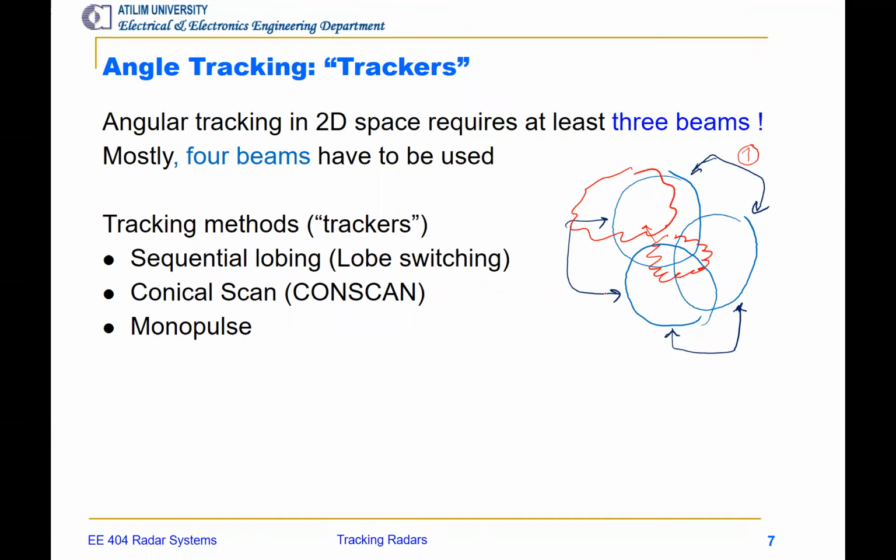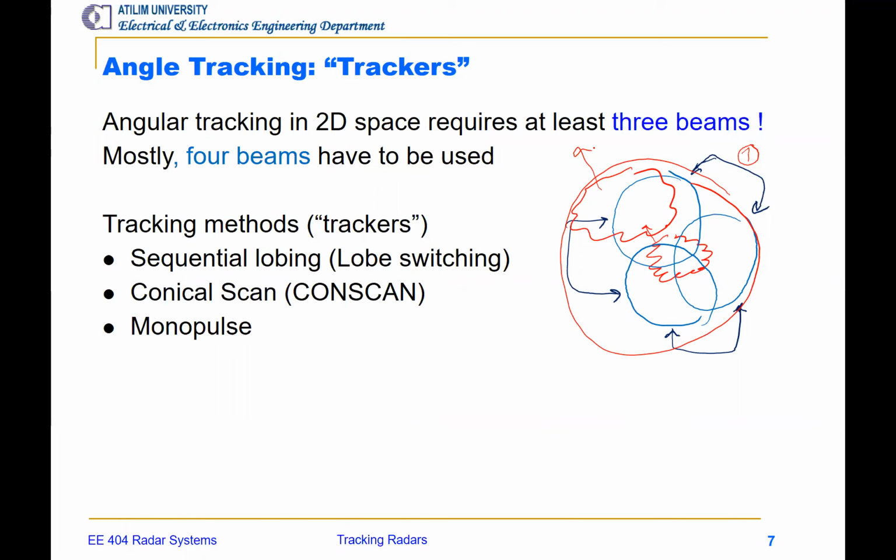And this difference will be higher, then this difference will not be changed or very small. Then we move the antenna, if this is the bore side of the antenna, up to get echo signals. So that's the idea. If we use more than 3 beams, then this process will be easier to implement.